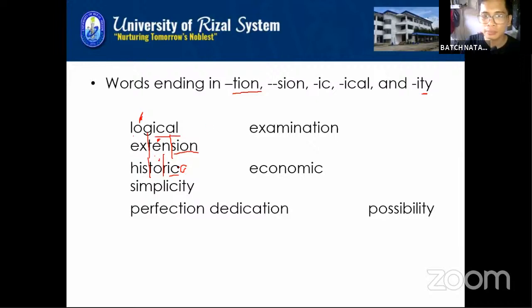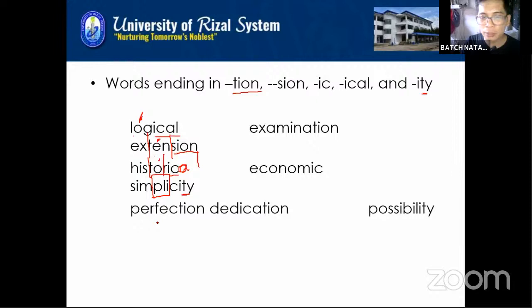The stress still falls on tor, historical or historic. Then we have simplicity. Since the word ends with ity, the stress falls on the syllable preceded by the suffix: simplicity, simplicity.